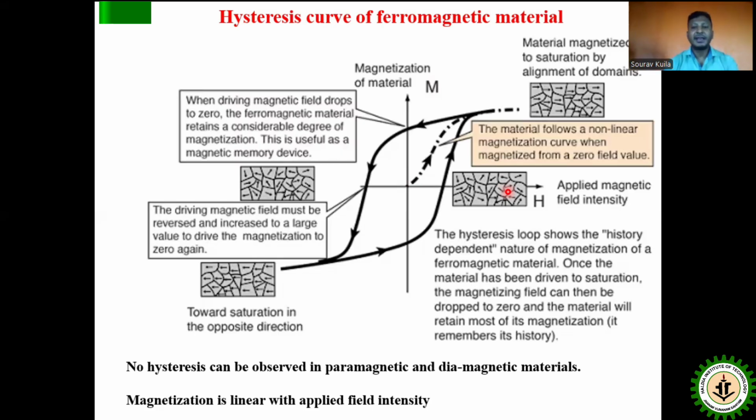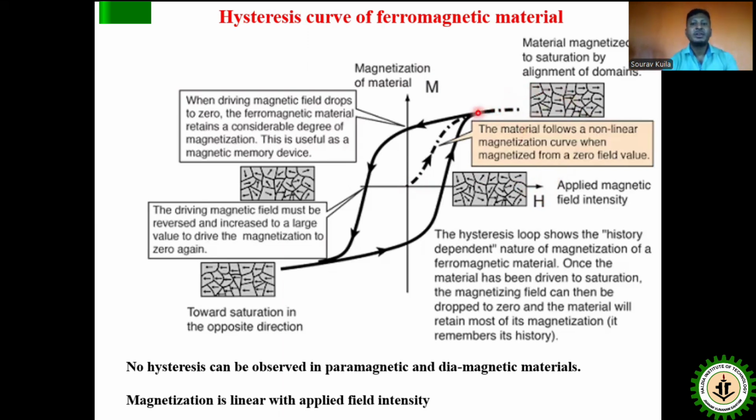When you increase the external magnetic field, the magnetization will increase, and after a certain value all domains will be aligned, and it will get saturated. All the domains aligned means there is maximum magnetization. Further increase of the external magnetic field will not increase the magnetization. So it is called saturation magnetization.